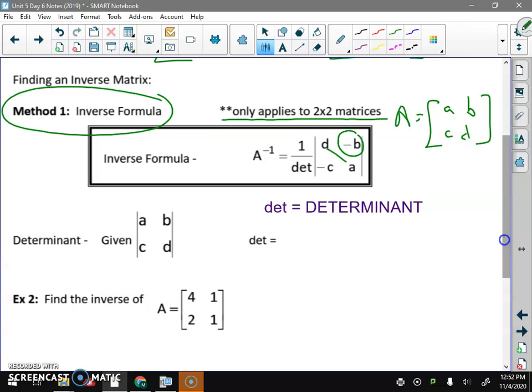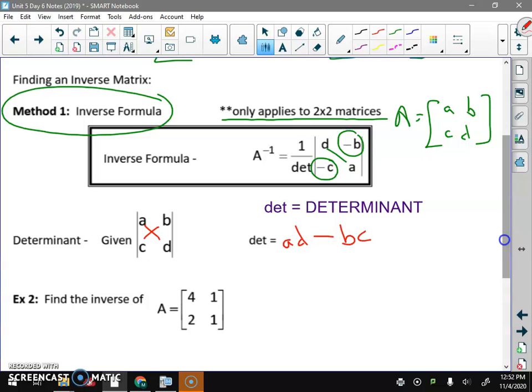The B and the C got negated. So if I do that, that's going to help me find the inverse, but I first have to learn what the determinant is, and the determinant of a matrix is equal to the difference of the cross products. A times D minus B times C. And that goes under a 1.